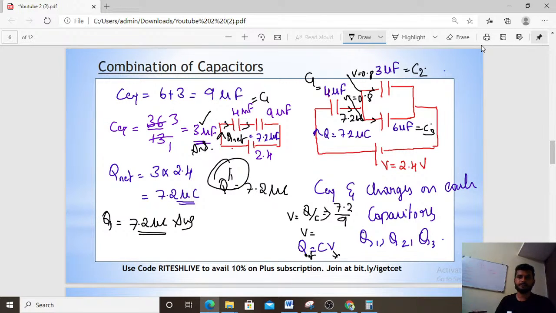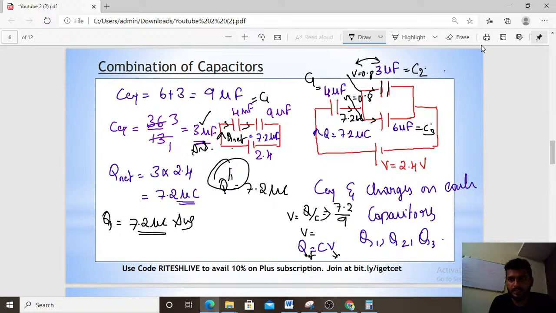Then how can you find it? You know the trick for that. In this capacitor you need to find Q2, right? So what you need to find is the charge. Q is equal to CV, so direct multiplication.